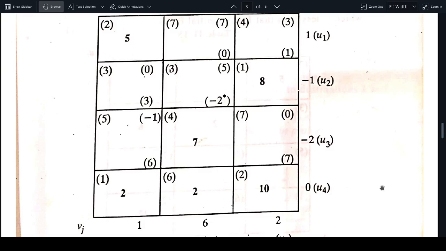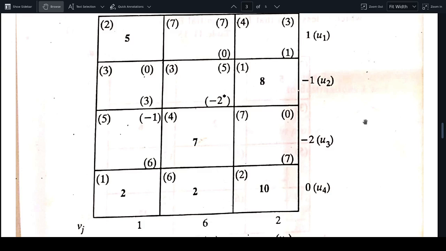It is 3, because here U1 and V3, so 2 plus 1 is 3. Similarly, for the next unoccupied cell you write 1 minus 1 is 0. For the next unoccupied cell, minus 1 plus 6 is 5.